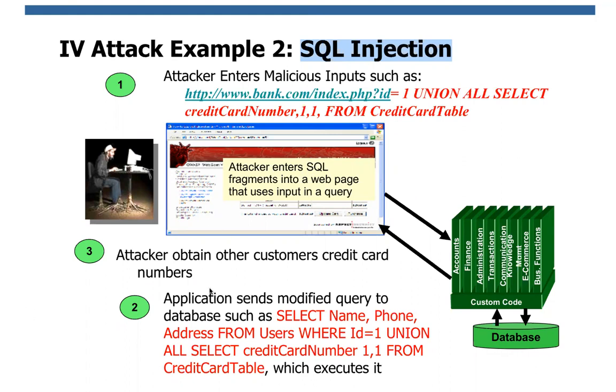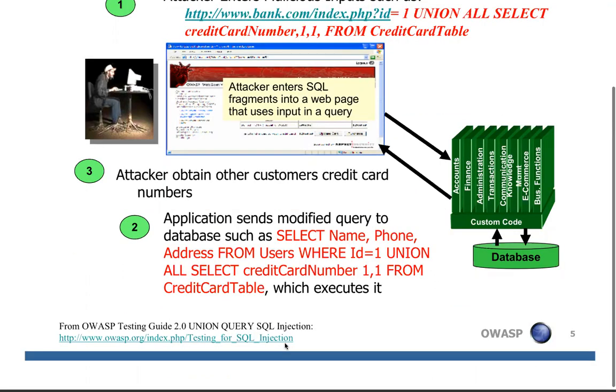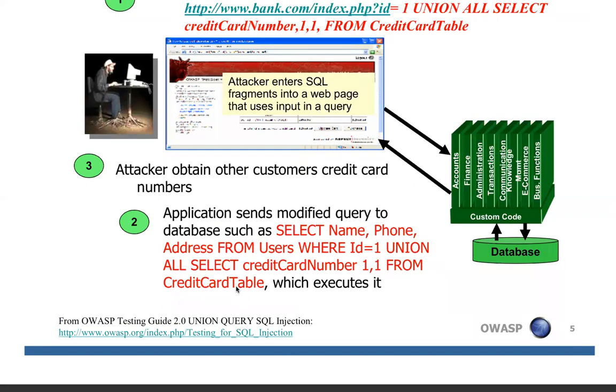Now the attackers obtain credit card numbers. So applications send a modified query to the database. This SQL injection requests your name, your phone number, address, credit card, everything, then sends it to the attacker. So the attacker is going to have exact information.